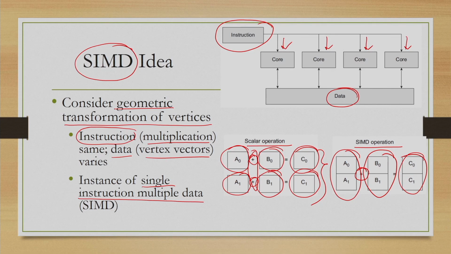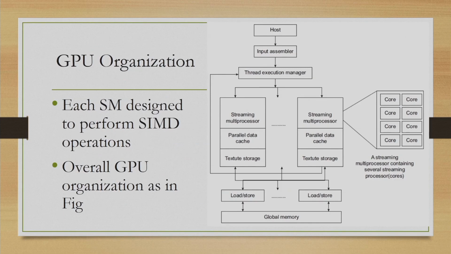So, we now know that GPUs contain SMs or streaming multiprocessors which work based on the idea of SIMD. Then let us have a look at how the GPUs are organized. As I said, each streaming multiprocessor is designed to perform SIMD operations.